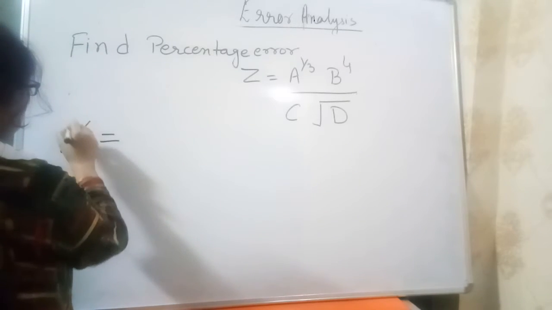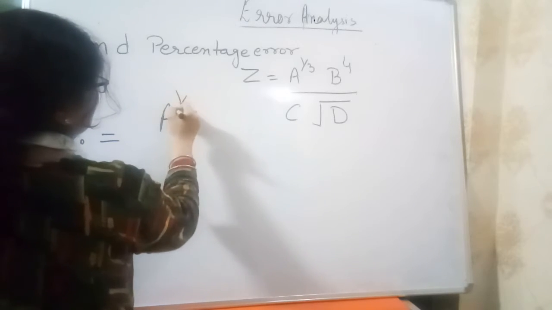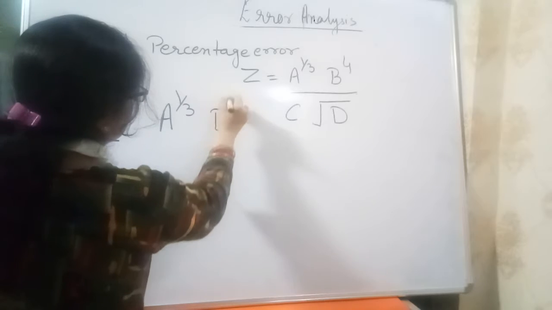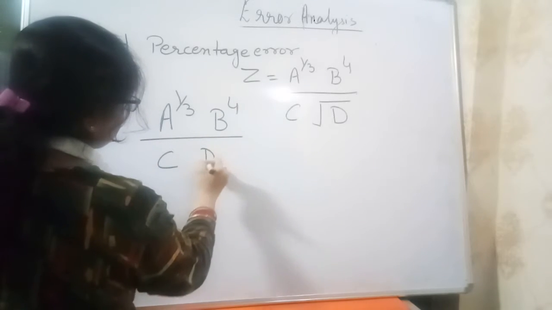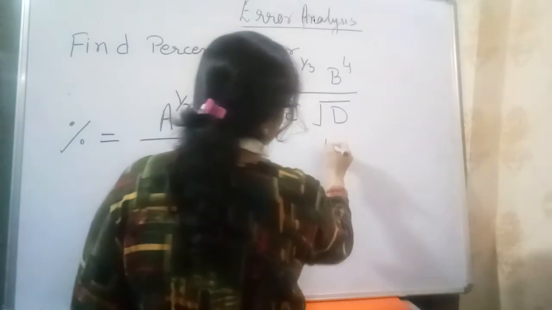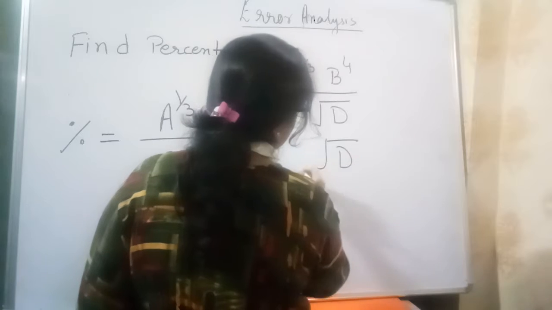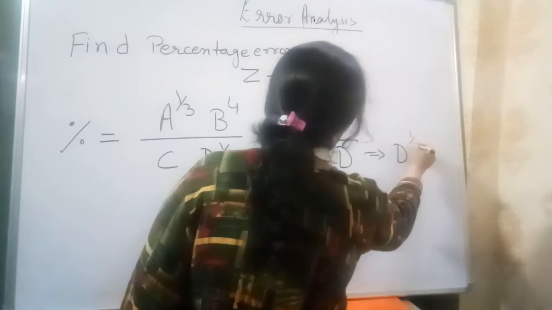Its percentage error is, I want to write again, A to the power 3, B to the power 4, C under root D. That means D to the power 1 by 2. I want to explain some more concepts. For example, we have under root D, that means it has power 2, that means D to the power 1 by 2.